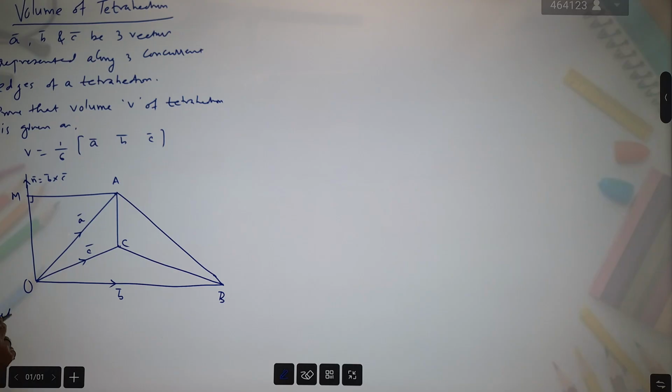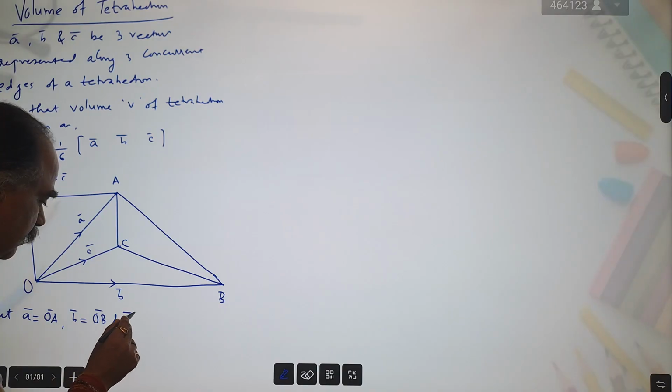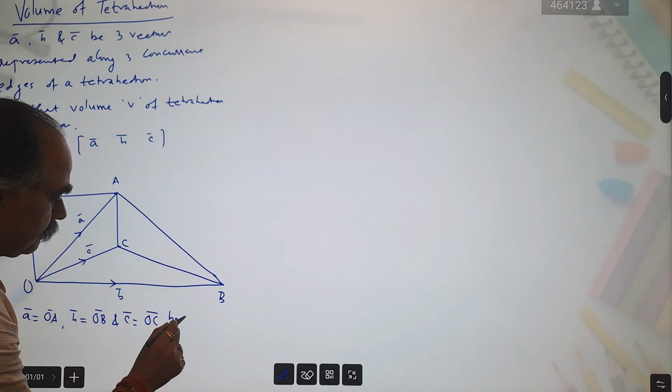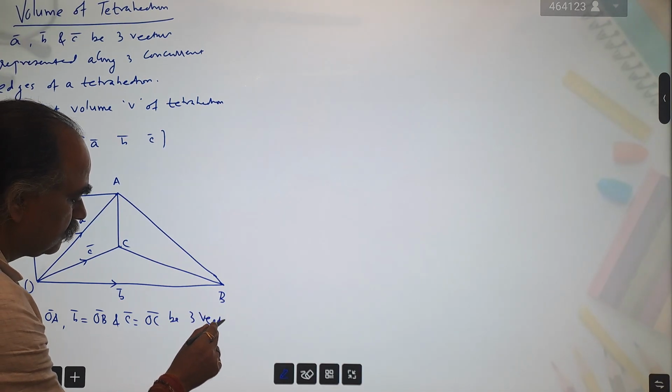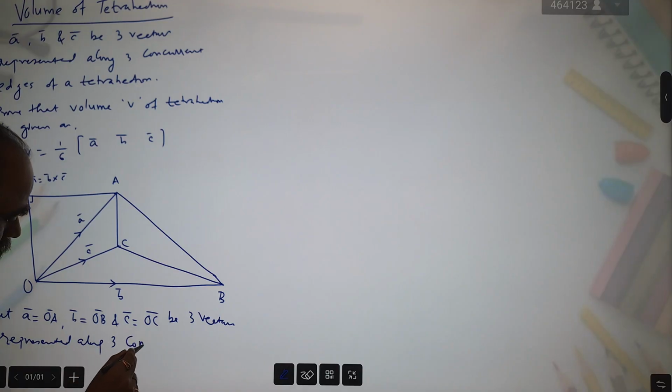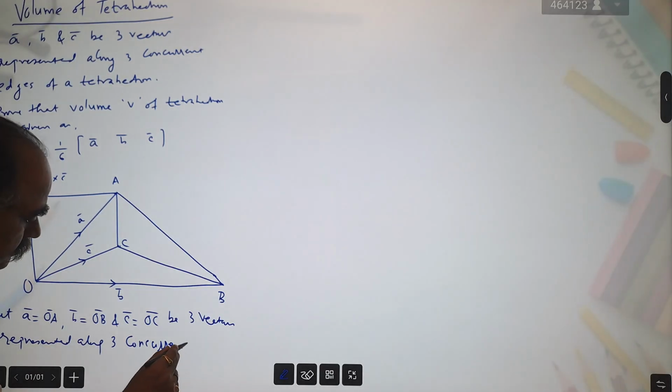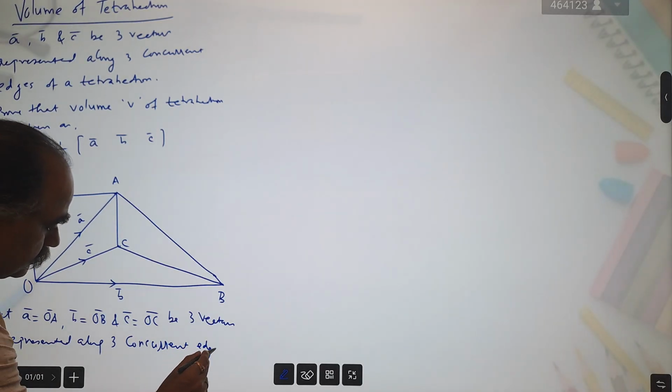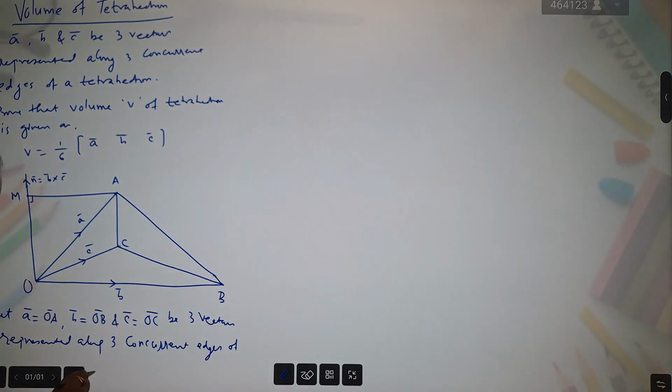Let OA bar is A bar, OB bar is B bar and OC bar is C bar be three vectors represented along three concurrent edges of the tetrahedron.